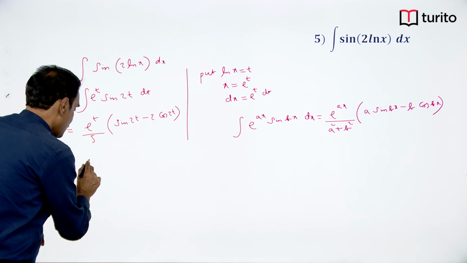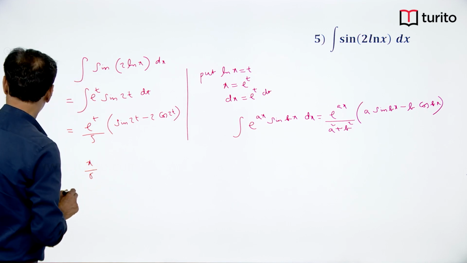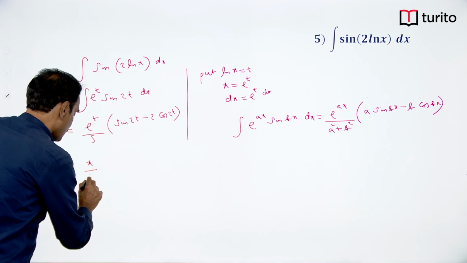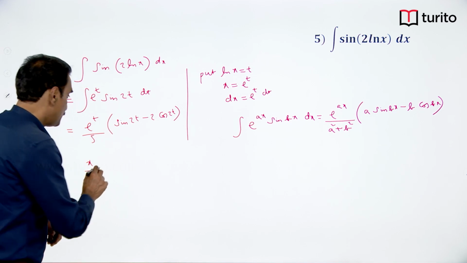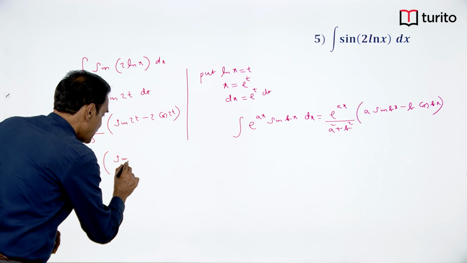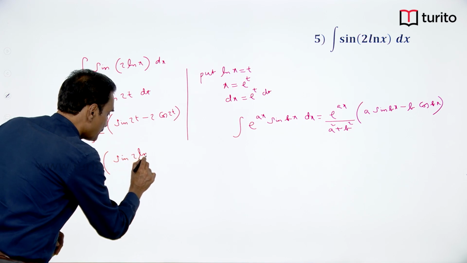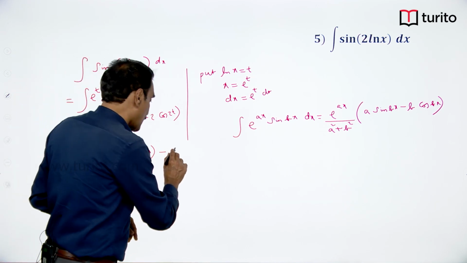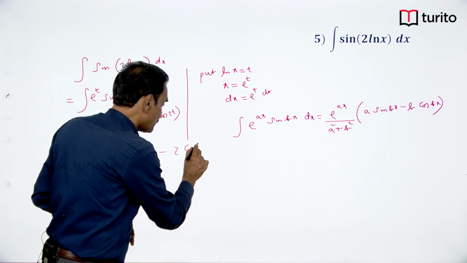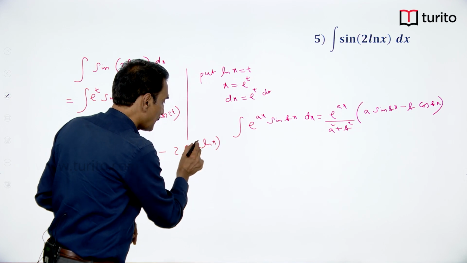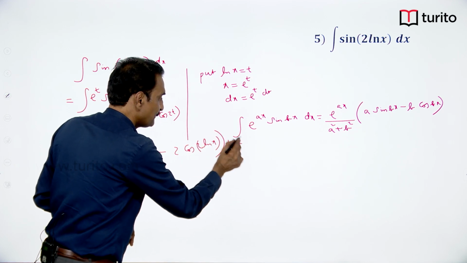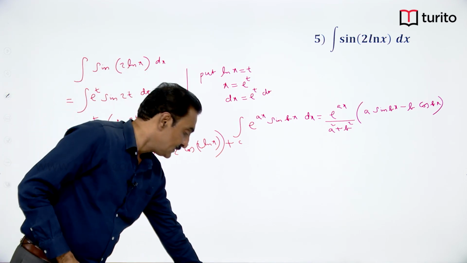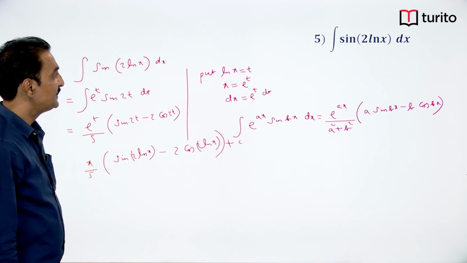It will be x by 5 into sin 2 ln x minus 2 cos 2 ln x plus c. Okay? Or you can also solve by another method.